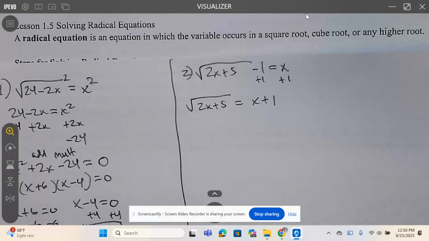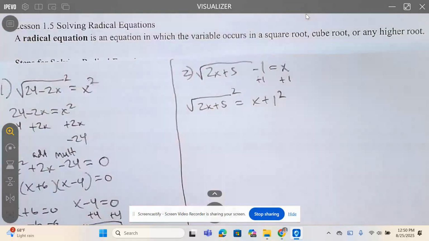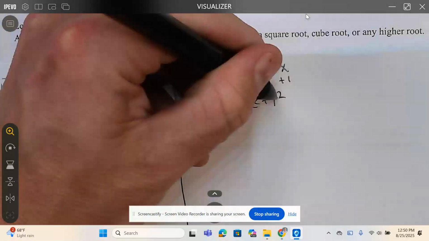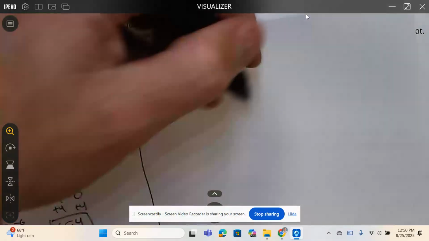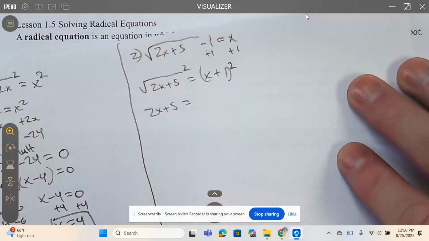Okay. Next, I've got the square root by itself, so I'm going to square both sides. Square, square. Okay. Put parentheses around this, dummy. 2x plus 5, squaring the whole quantity.